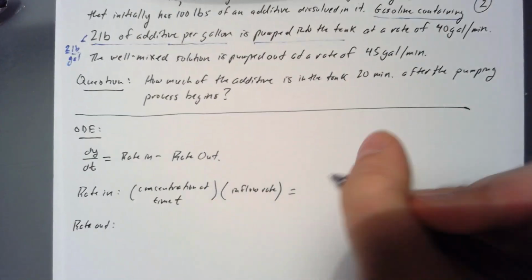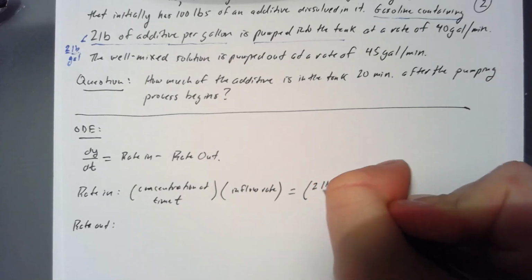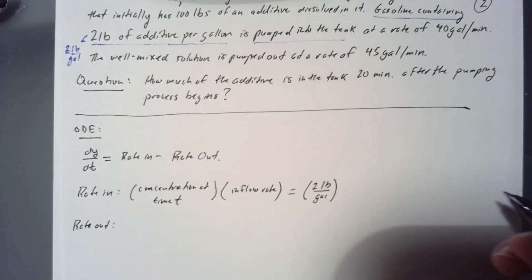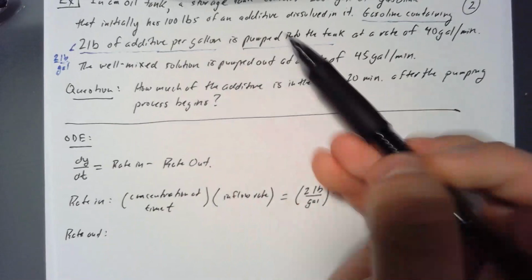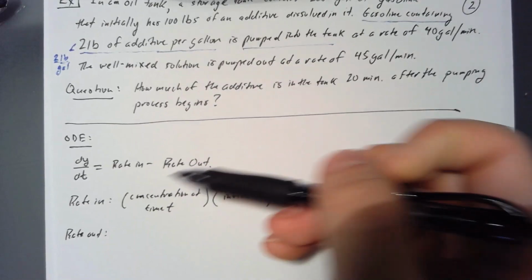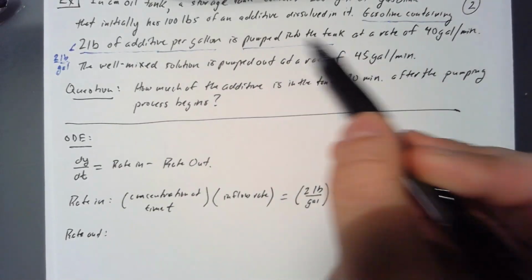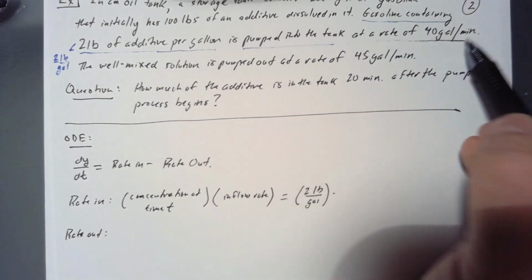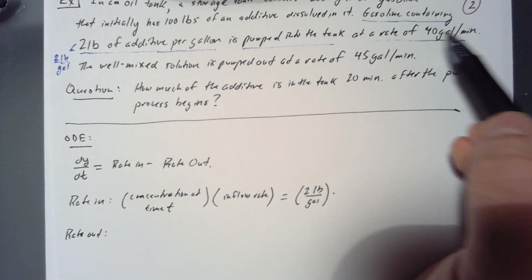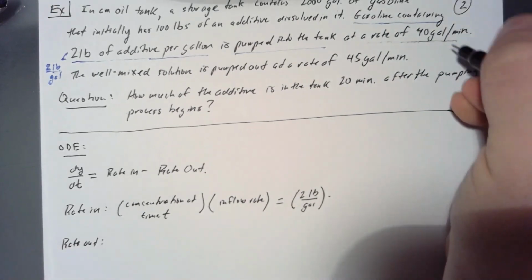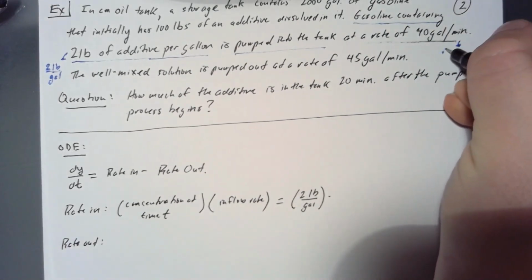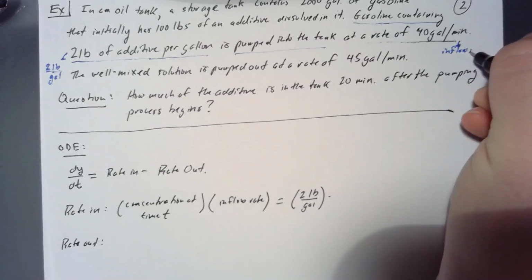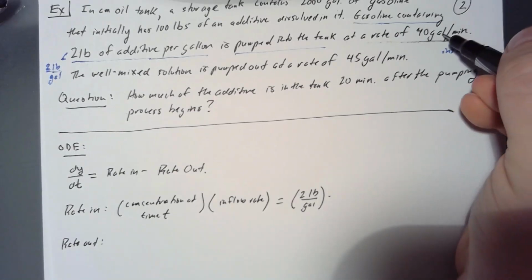So this is going to be 2 pounds per gallon times, now what is the inflow rate? How fast is it coming in? It's in the same sentence. It's pumped into the tank at a rate of 40 gallons per minute. So that's the inflow rate. Because you can see it, gallons per minute.